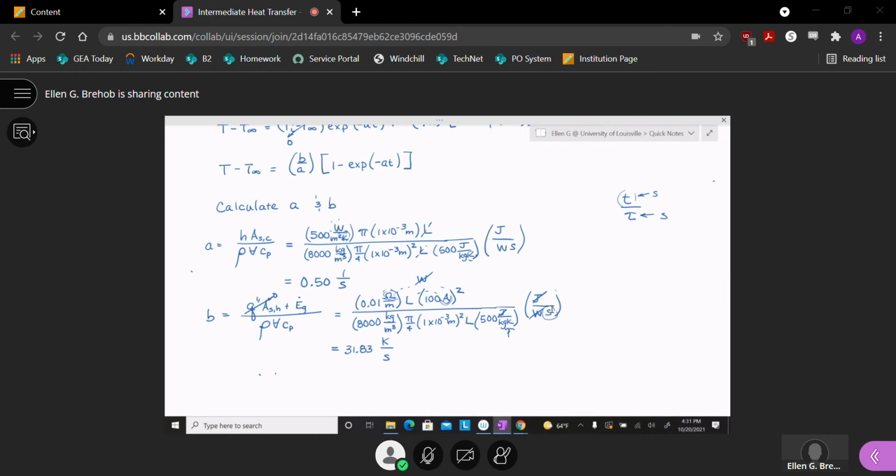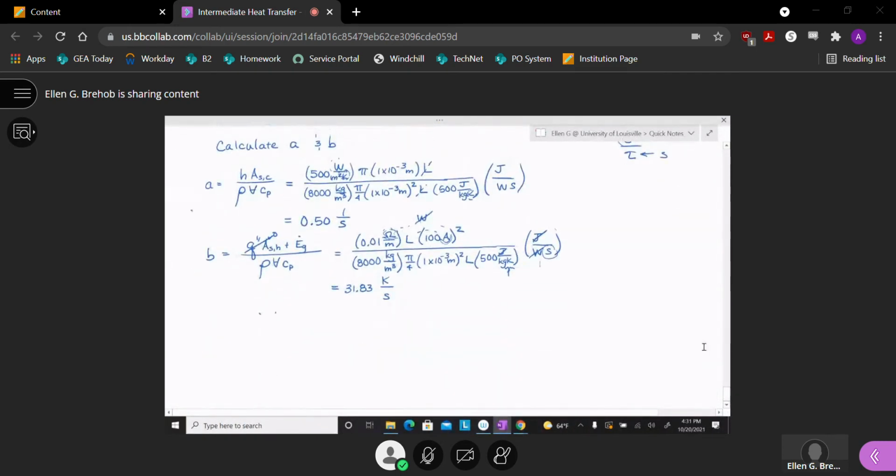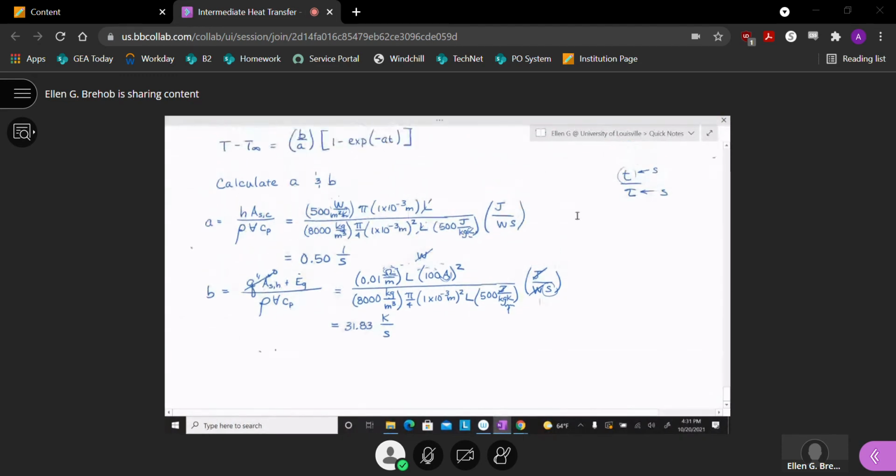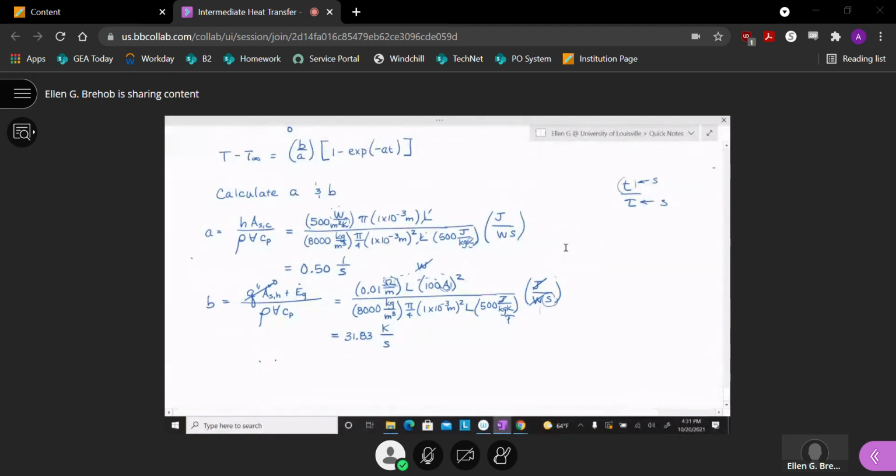So I keep looking at why I did something a little bit different. Okay, so I'm back to this equation up here, T minus T infinity. We said we were going to be at 87.7 degrees C minus 25.